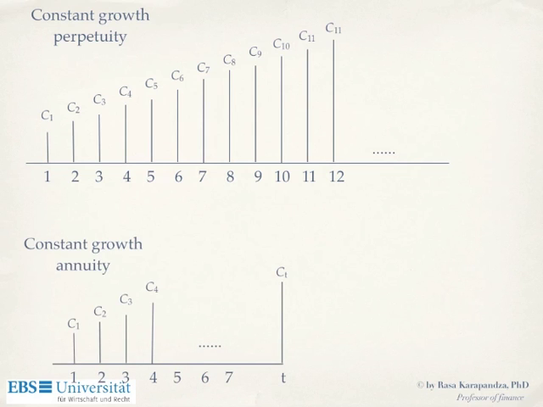And we talked about the constant growth annuity, and we said that this is also very similar to this perpetuity, but unlike the perpetuity, it pays for some specific number of periods. It doesn't pay until eternity.